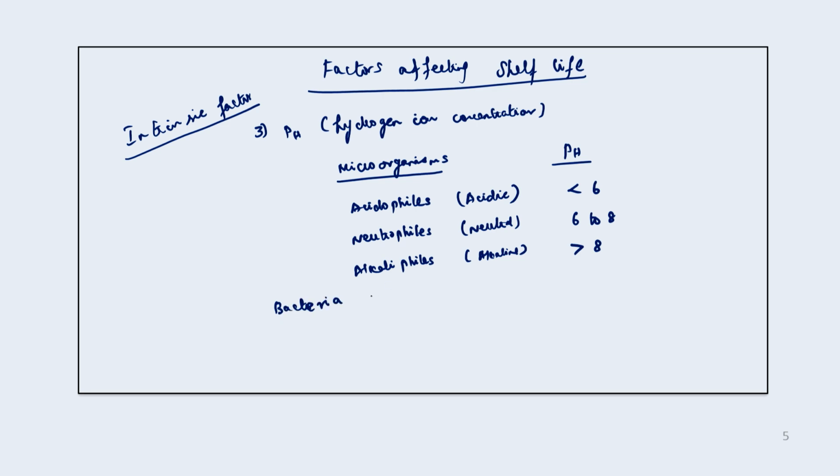Bacteria will grow if the pH is in the range 6.5 to 7.5.